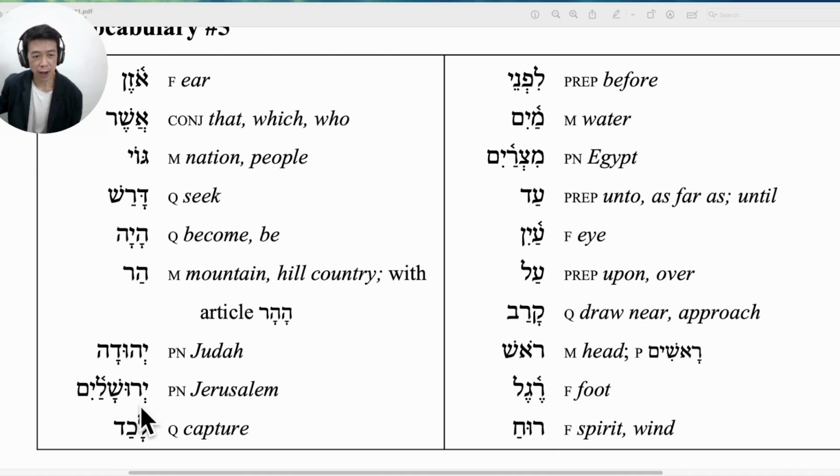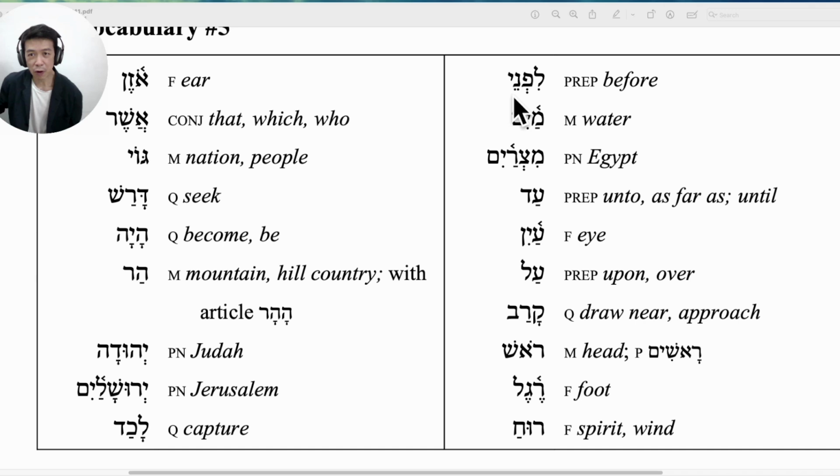The next word is Jerusalem. It's pronounced in Hebrew as Yerushalayim. The next word is capture. It's pronounced as lakhad. The next word is the first word at the top of the word list on the right.